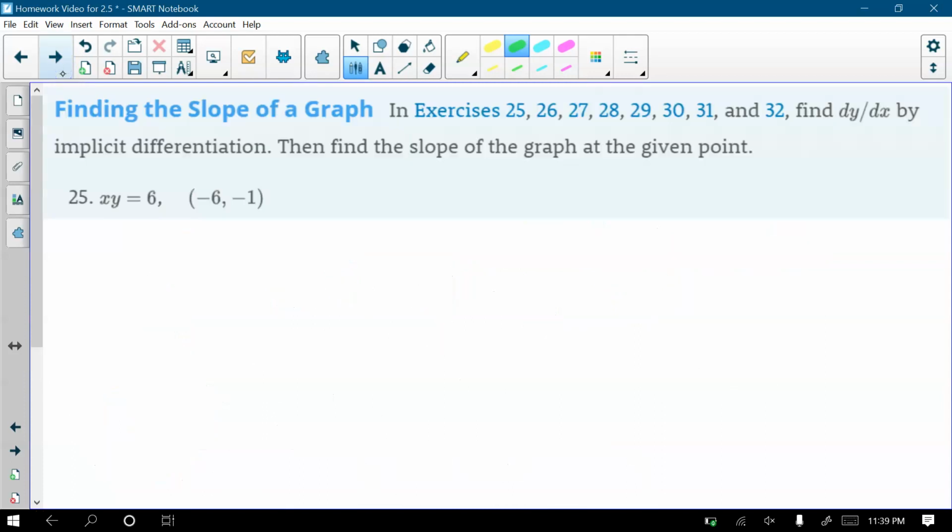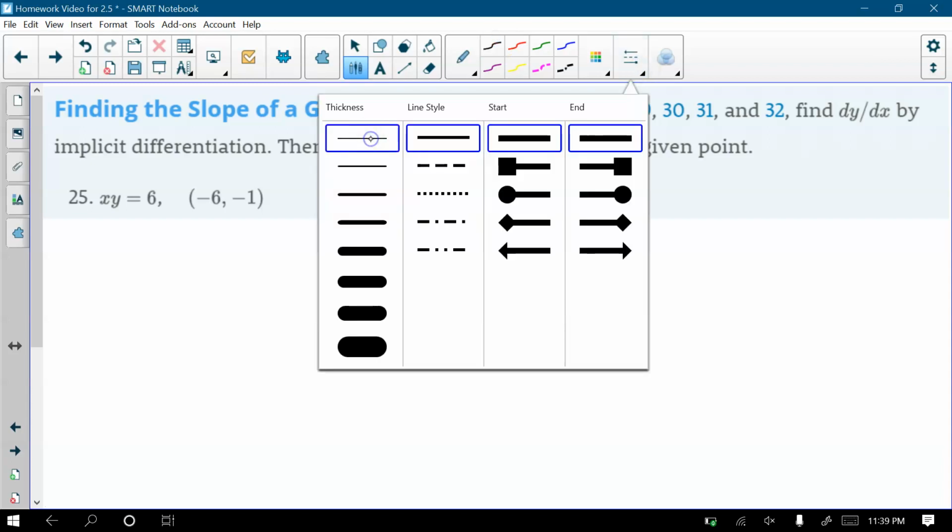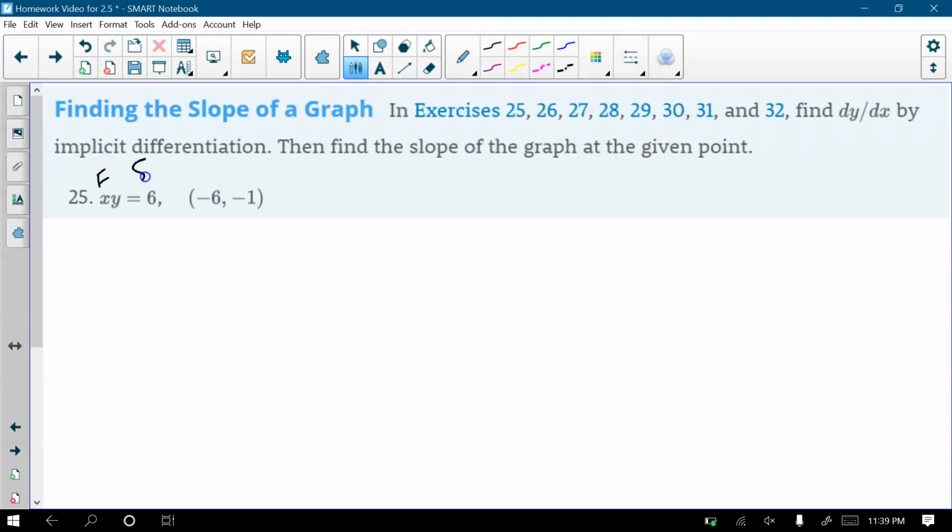Okay. 25. So here we want to find dy dx, and then we want to find the slope of the graph at a given point. Luckily for us, we already kind of did dy dx for this kind of function. So I'll just say that this is the first, that's the second. And let's go and set up our derivative. We're taking the derivative of both sides with respect to x.